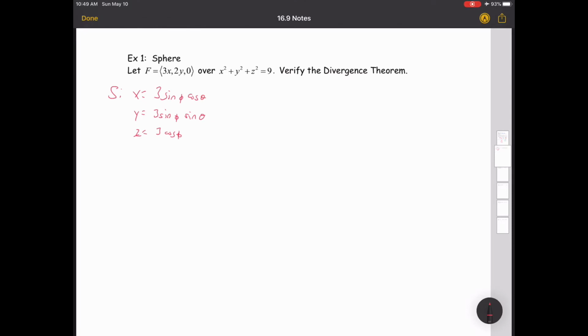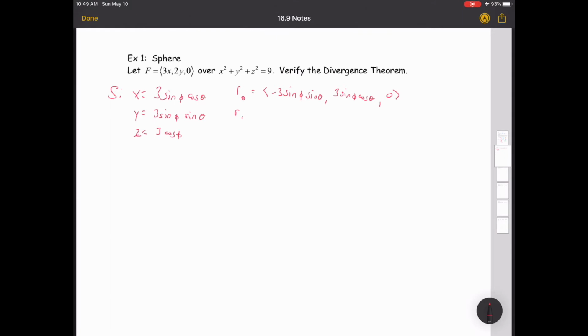Okay, so now we're going to have to do the partials. So we're going to have to do the partial of r with respect to theta. The partial of x with respect to theta is going to be negative 3 sine phi sine theta. Partial of y with respect to theta is going to be 3 sine phi cosine theta. And the partial of z with respect to theta is 0.